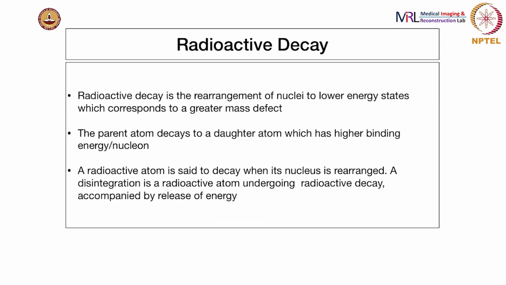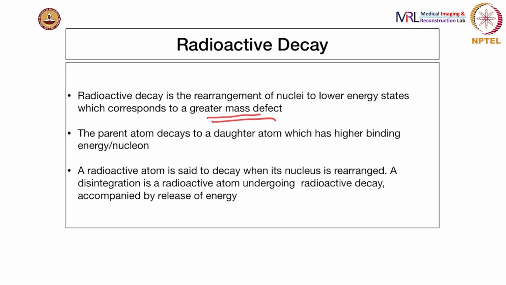Okay, so just a primer on radioactive decay. Radioactive decay is the rearrangement of nuclei to lower energy states. There are some nuclei which are inherently unstable, right? And these nuclei tend to go to lower energy states. Lower energy states correspond to greater mass defect. This comes from the physics of radioactive decay, right?